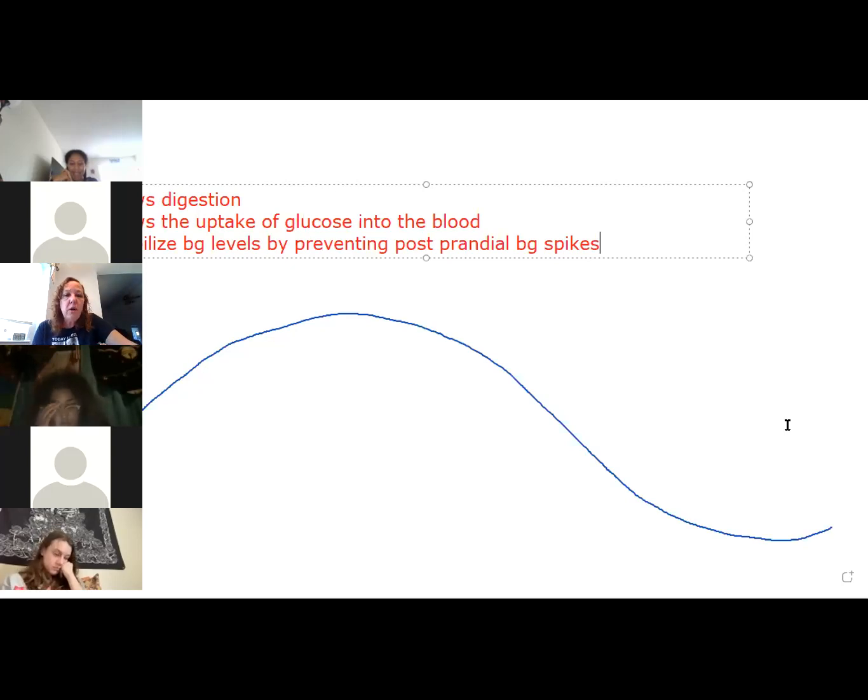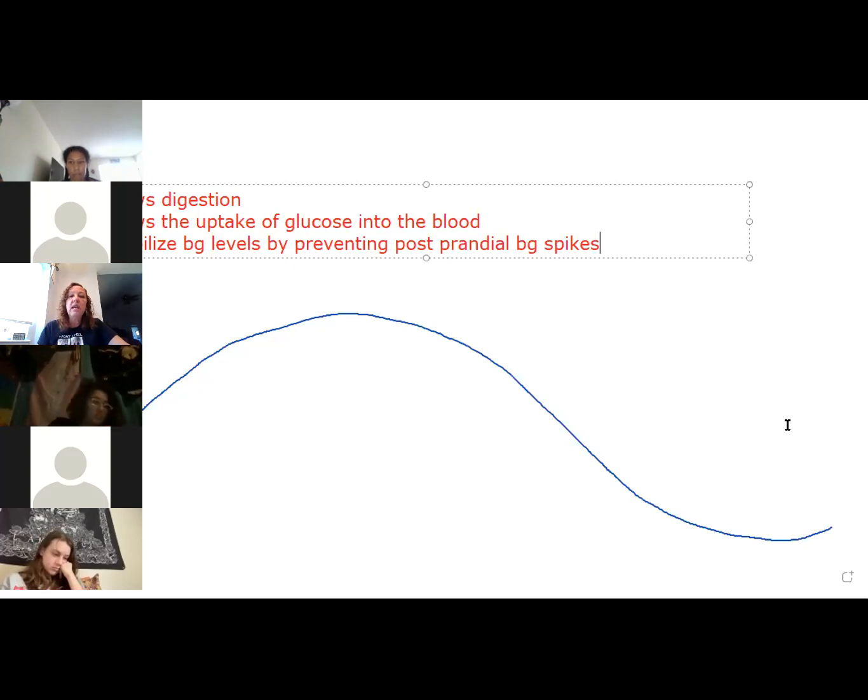So on your carbohydrates test, if I were to ask you in a short answer question, discuss the role of fiber in the diabetic diet, 1, 2, 3 points right here. Fiber slows down the digestion.